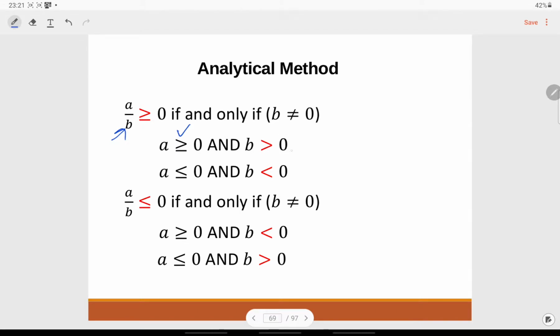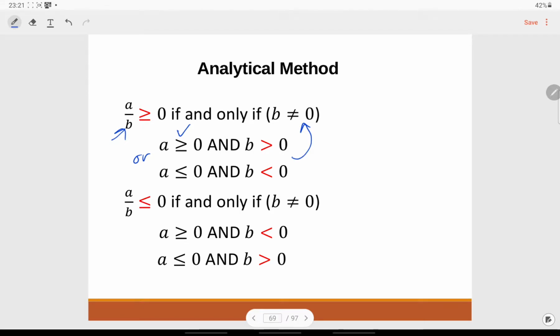Remember, B must not equal 0, that's why this one is just greater than without any equal sign. The second situation: the fraction is also greater than or equal to 0 when A is less than or equal to 0 and B is less than 0. Again, there is no equal sign at the B because we want to make sure B is not equal to 0.